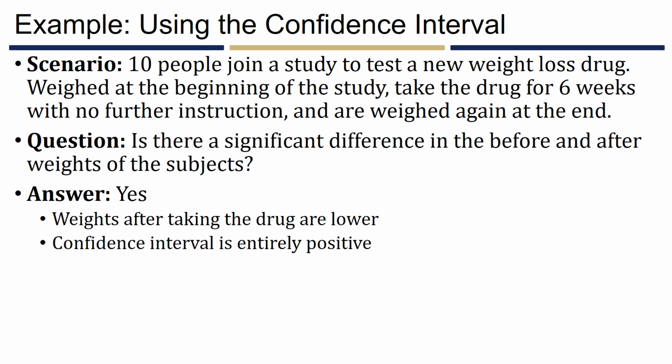The reason for this is that the confidence interval is entirely positive. We did the before weights minus the after weights. Because these values were positive, this was an indication that subjects were losing weight while on the drug, and because zero is not contained in this confidence interval, we can say that there is a significant difference.